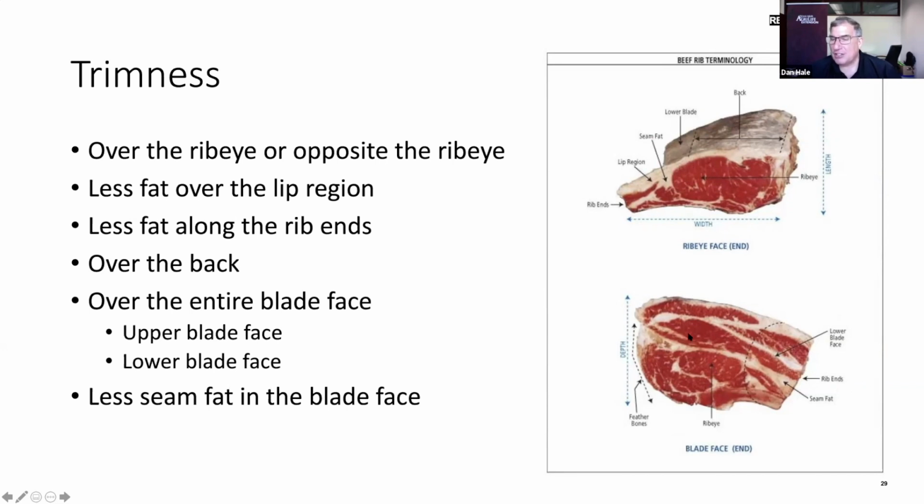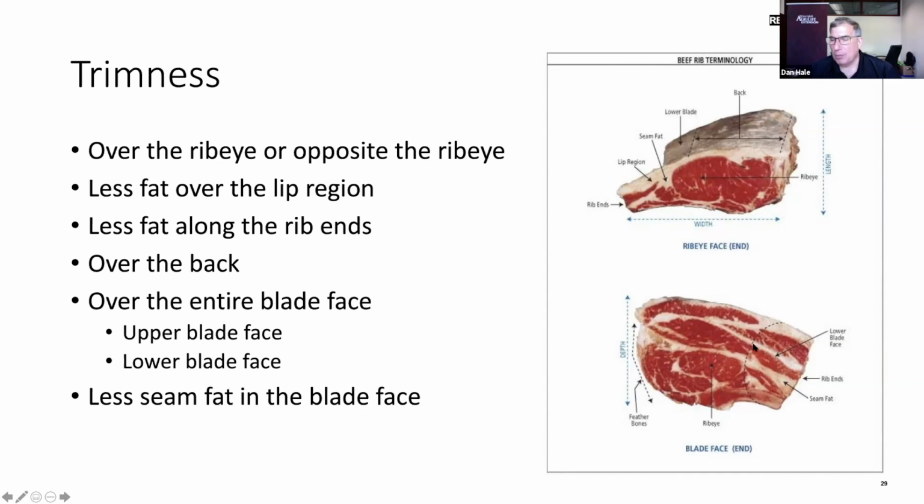The other thing that's really important, that we'll ask questions about but is also an important placing point, is this seam fat. That's the fat between the muscles. So seam fat in this particular cut is really important to consider. We call this the blade face. This is the rib face. And what's between is the back and lower ribs and lower blade.